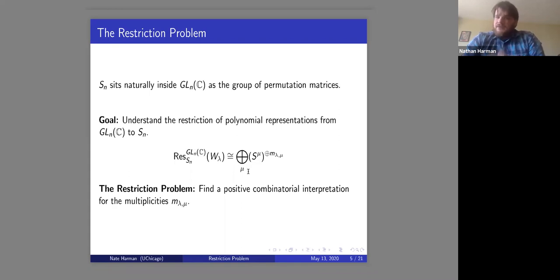So those are the two conditions on these partitions that we have combinatorially. These m lambda mu's should be defined whenever lambda has at most n parts and mu has size n.